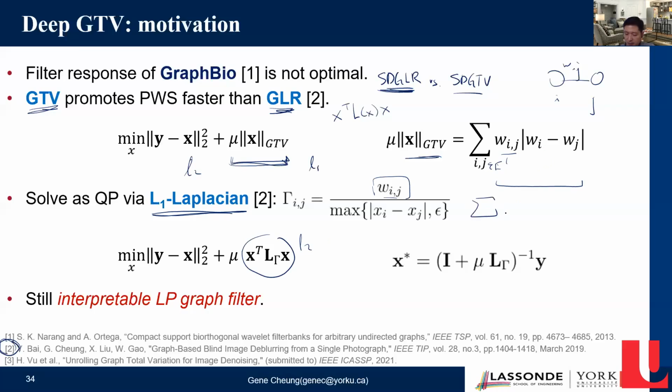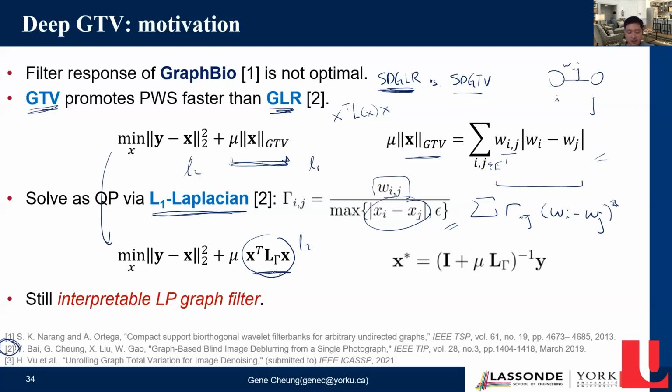So you have these new weights. And because of these weights at the bottom, it cancels out one of these squares, and therefore it's actually an L1 norm, right? So by smartly defining this L1 Laplacian, we can nonetheless write this L1 norm as a fake L2 norm.